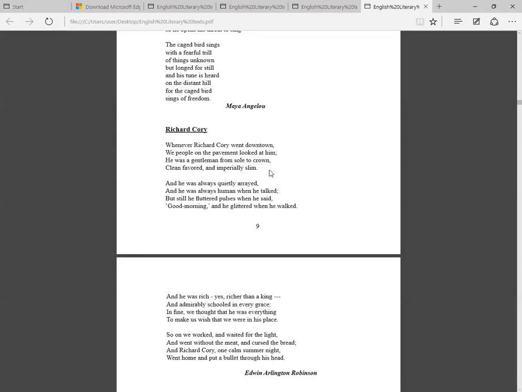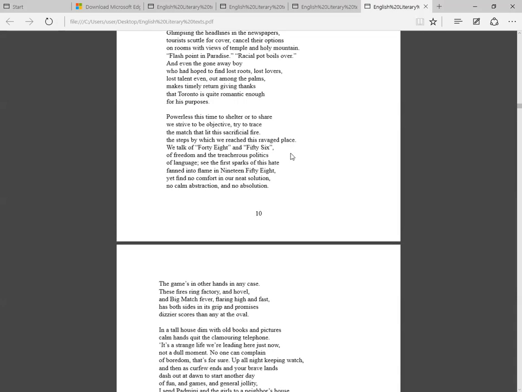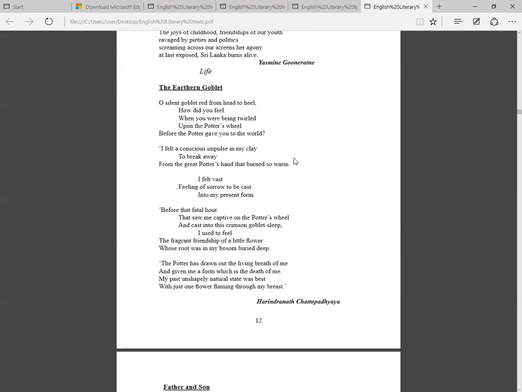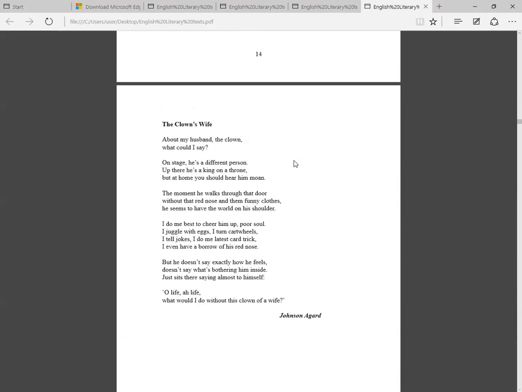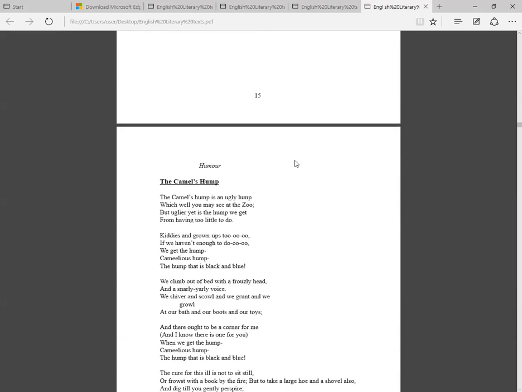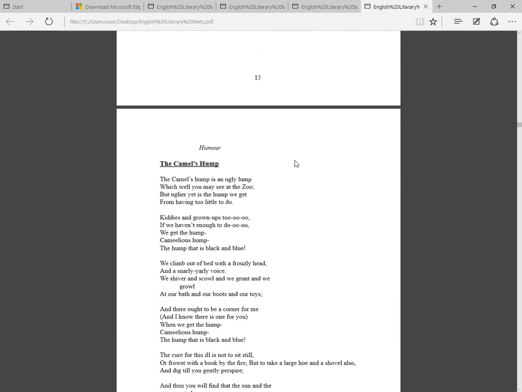What is the rhyming pattern? Downtown A. Him B. Crown A. Slim B. What is the pattern? A B A B. I will give you another one.